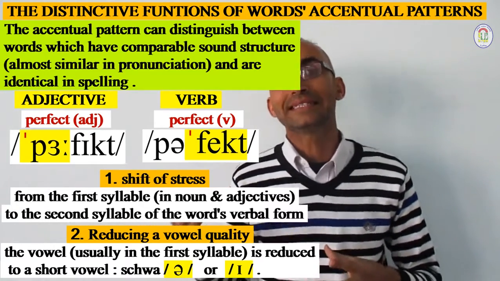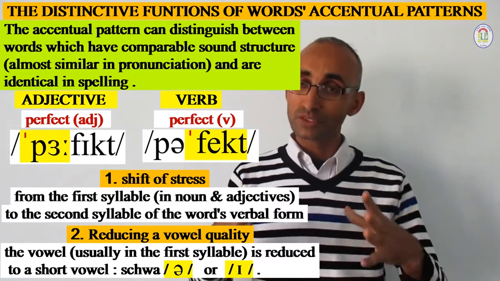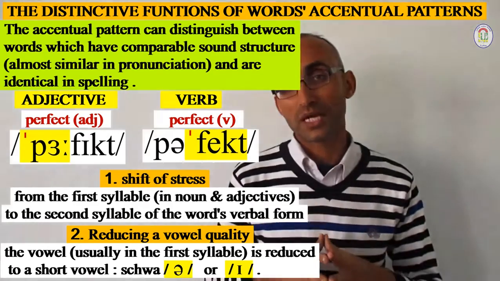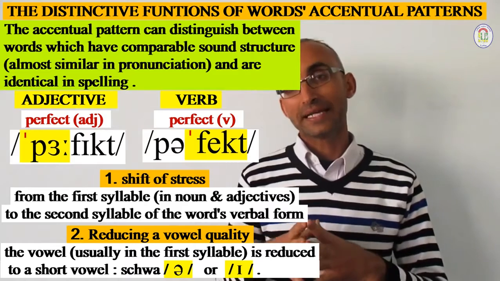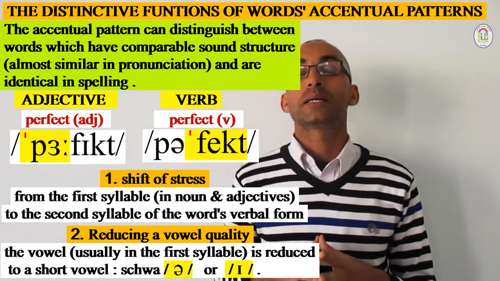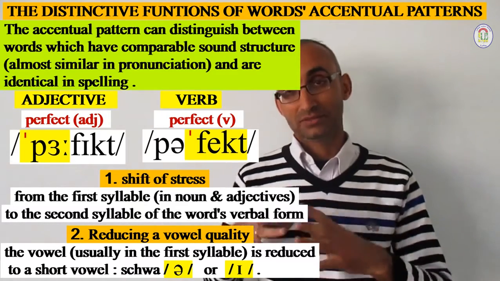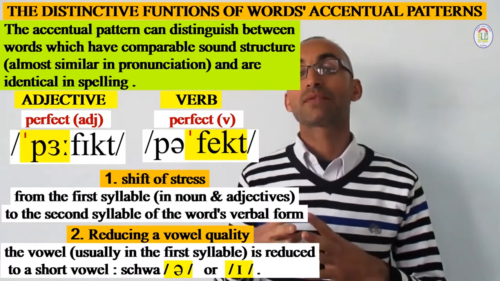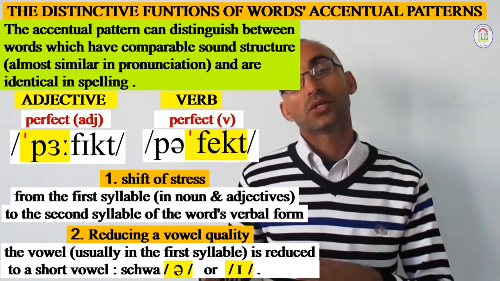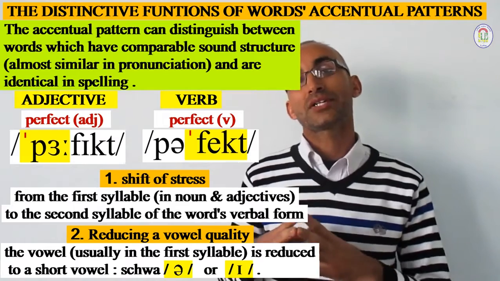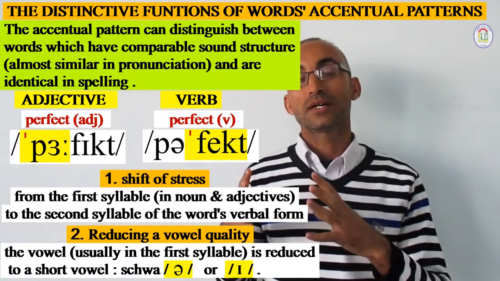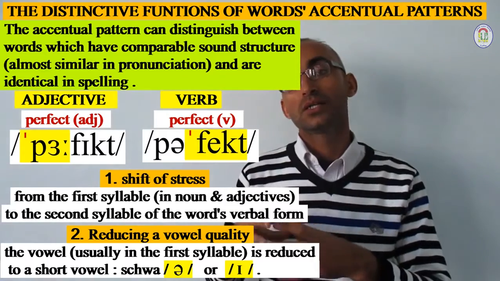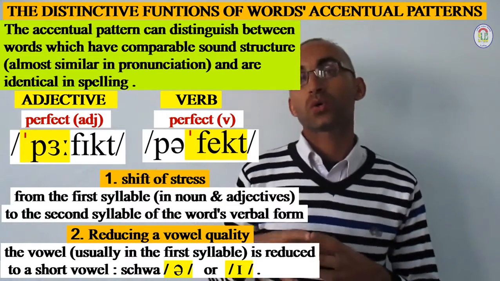So the qualitative change also takes place, besides the stress shift, at the level of the first vowel within certain English words, from a common or normal vowel to become schwa or short e.